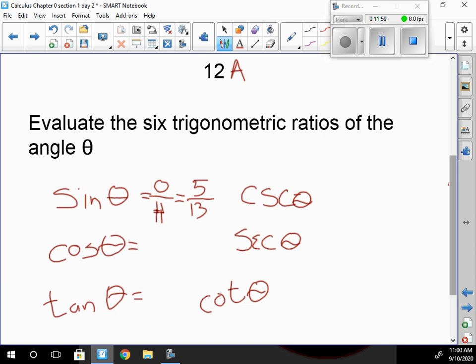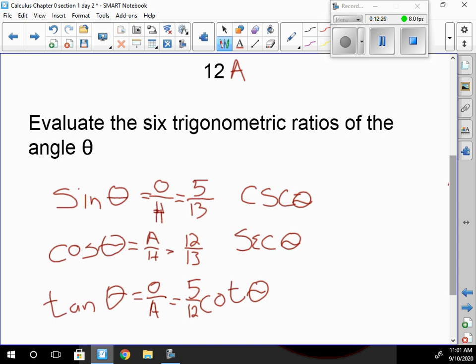Cosine theta is adjacent over hypotenuse, and that's 12 over 13. Tangent is opposite over adjacent. So the tangent would be 5 over 12.